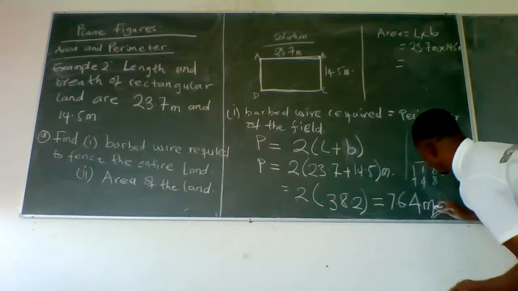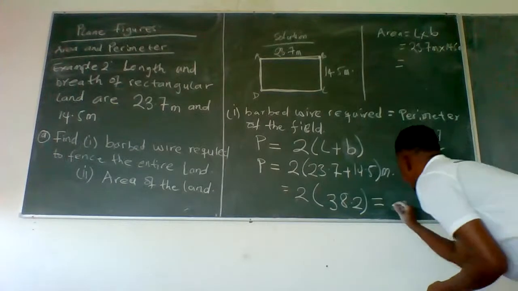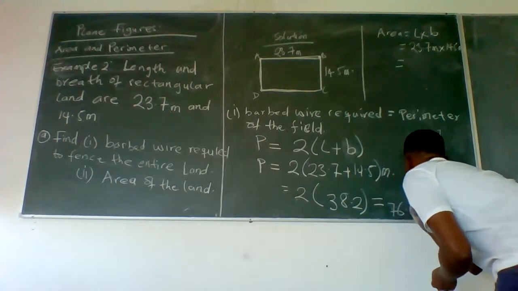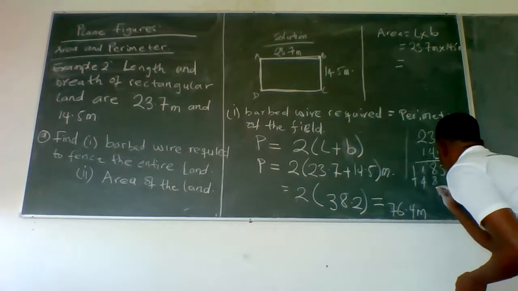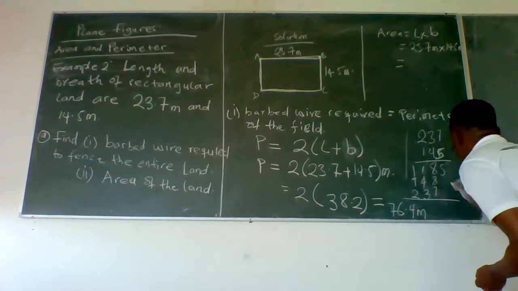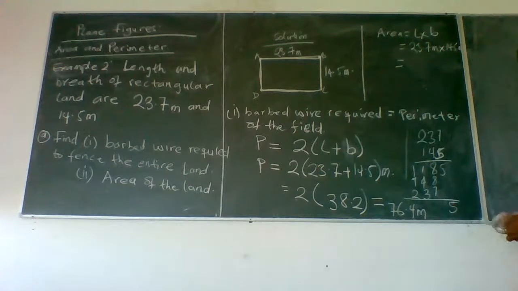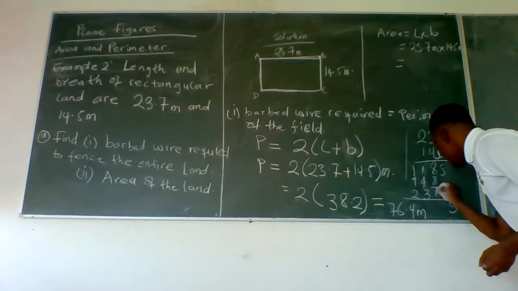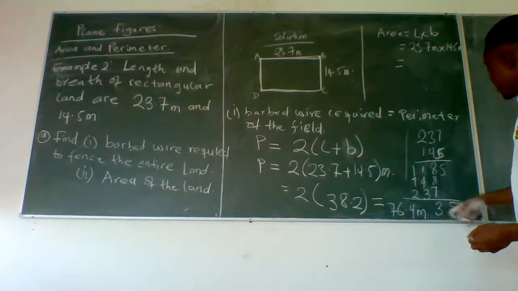Then the last one: 1 times this, 7, 3, 2. Then add everything. You have 5, 8 plus 8 is 16, plus 7 is 23, 3 and 2.